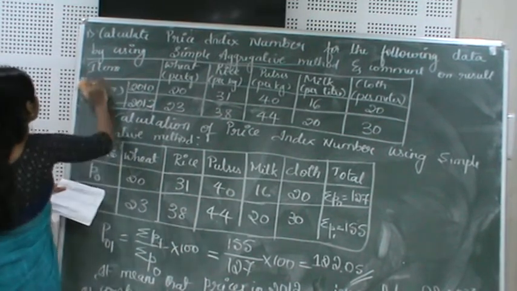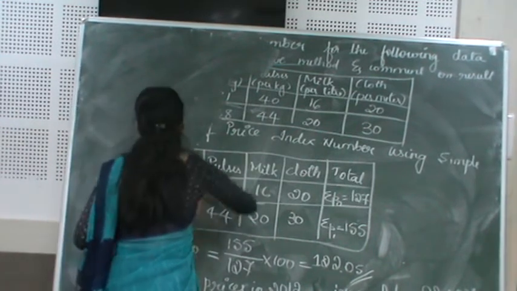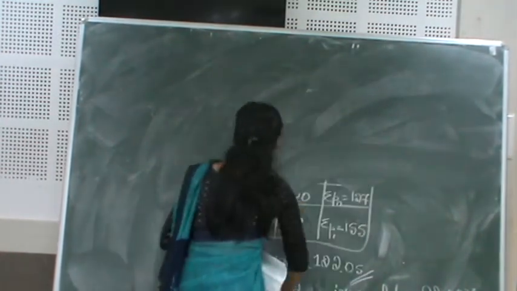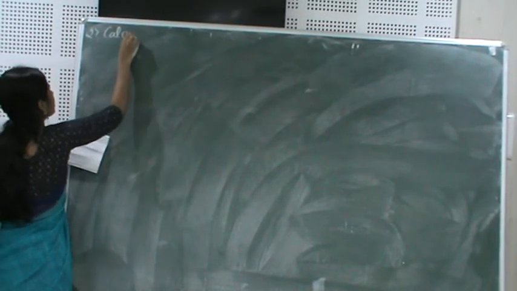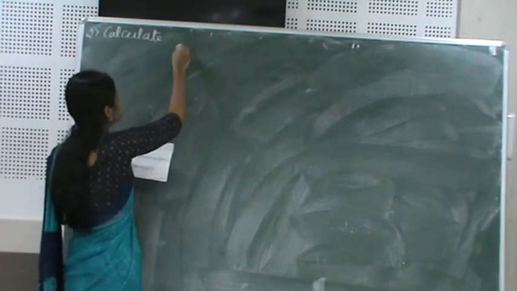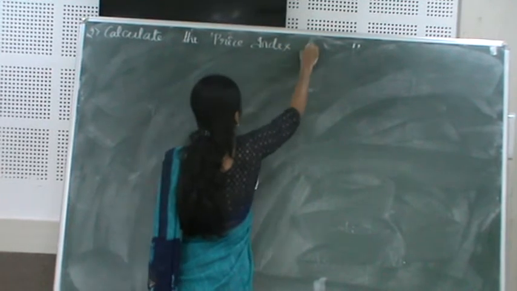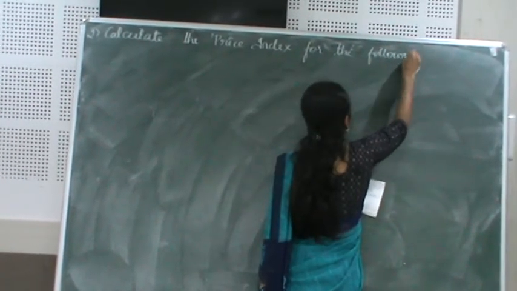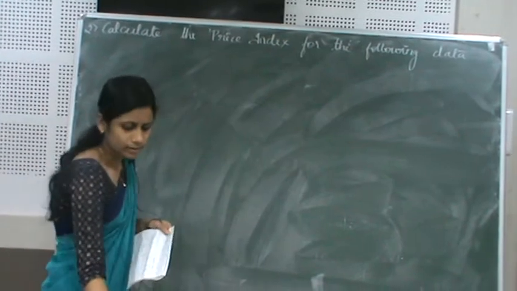Now we will solve one more problem. The second problem is: calculate the price index for the following data by using aggregative method.